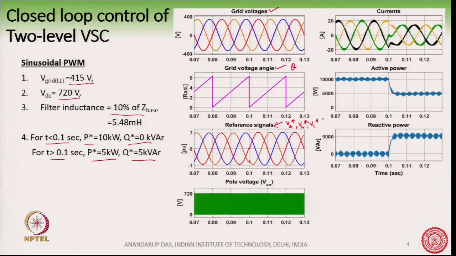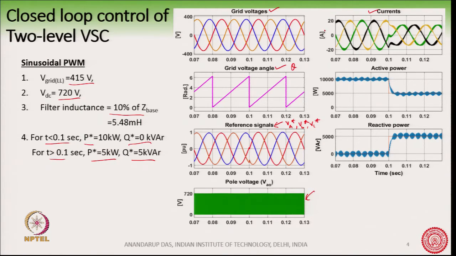Okay. And we have the actual converter output voltage, the pole voltage, which is a high frequency PWM, and we cannot see all the PWM notches here, and then we have the currents here.